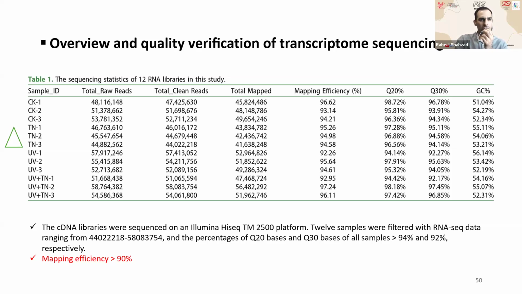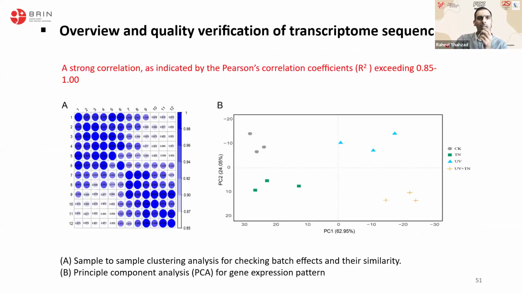We constructed 12 RNA libraries, and the mapping efficiency was higher than 90%, which assures the quality of the data. Again, there are some other quality verification parameters that show that the sample to sample correlation is higher, which also shows good quality data obtained from transcriptomic sequencing.